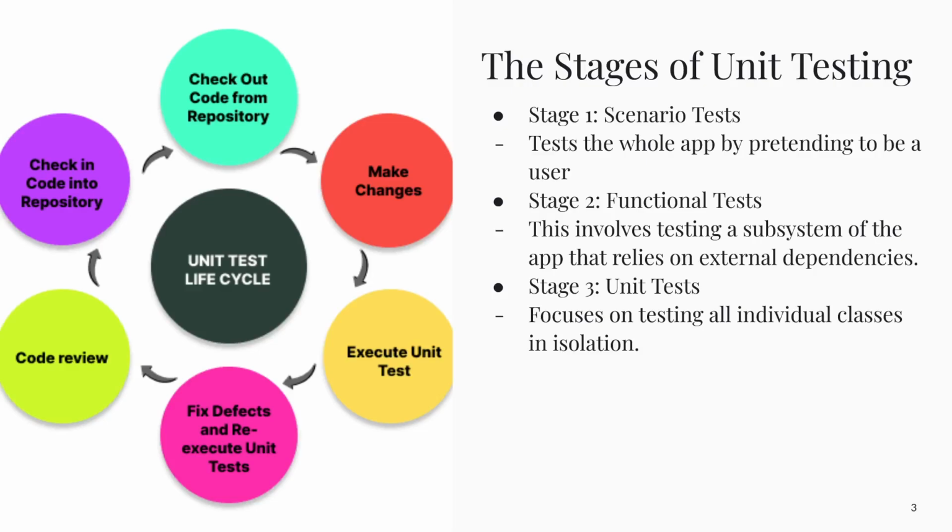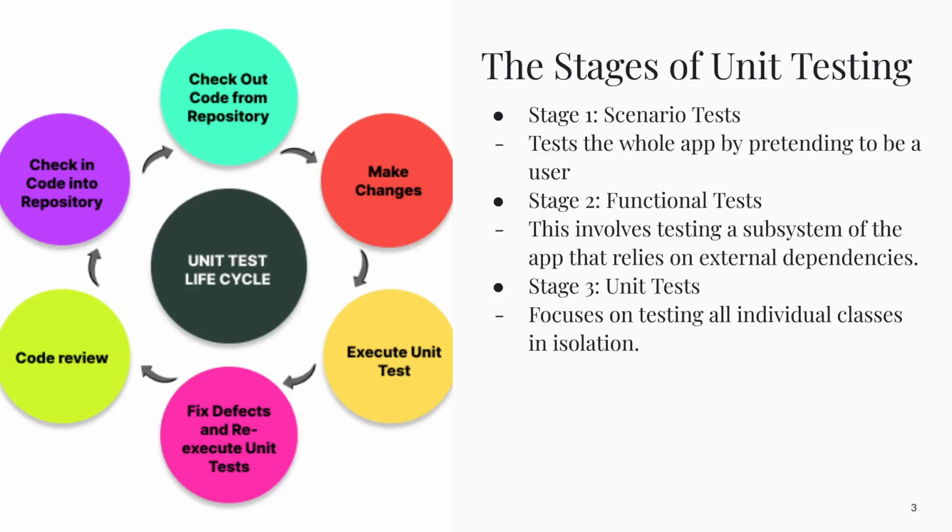Stage 2 in this car analogy would be taking, I would say, functional parts of the car itself, let's say like the wheels, axle, the engine, the car seats, heating, AC, and checking to see if everything is working well based on its external dependencies, which would be the car battery.